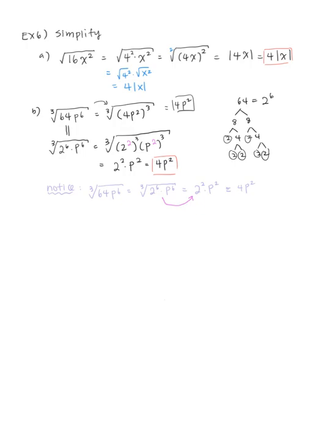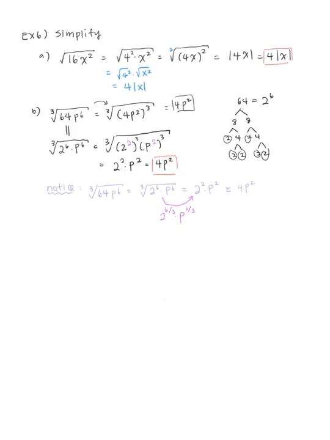If I take 2 to the 6 and divide it by 3 because we're given the cube root, and then do the same thing with p to the 6, dividing by 3 because that's the number of the root, that's going to give us 2 squared times p squared. That's exactly what's going to happen.